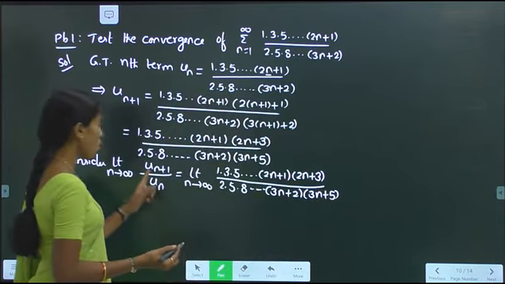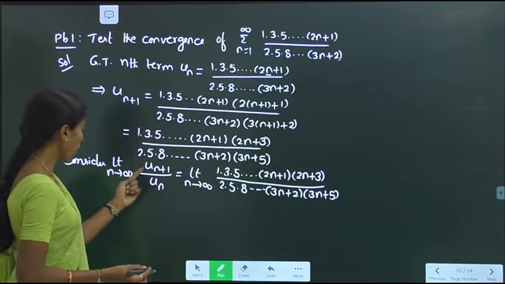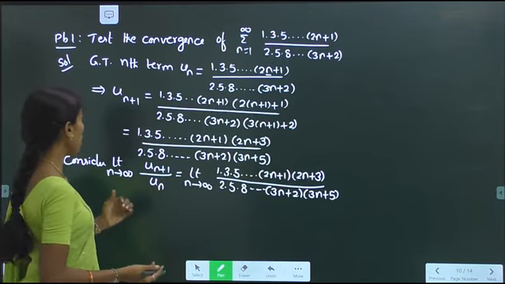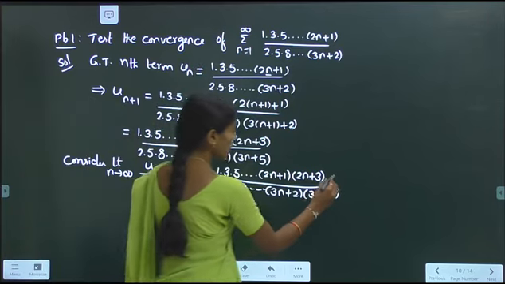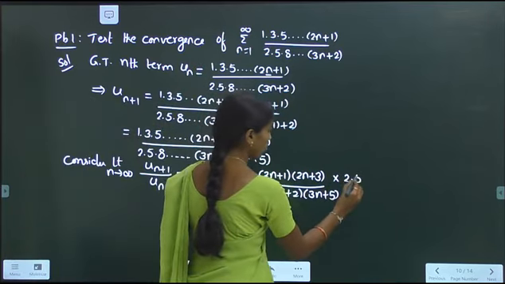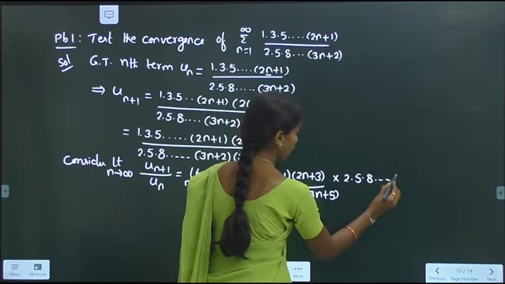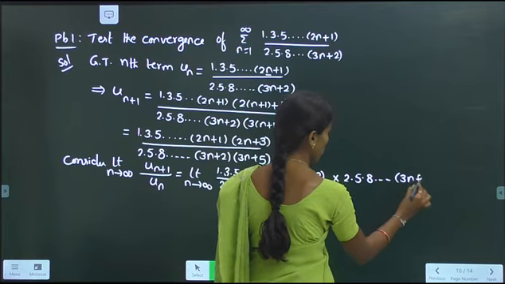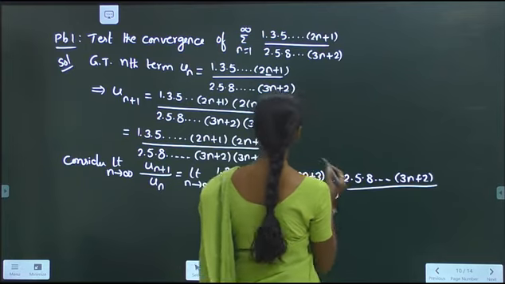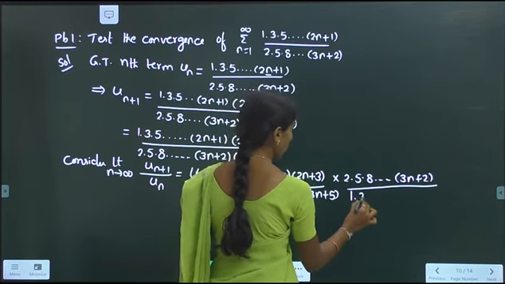This is the value of un plus 1. 1 by un is there. 1 by un means it becomes reversed. So it becomes into 2 into 5 into 8 and so on, it ends with 3n plus 2, by 1 into 3 into 5.